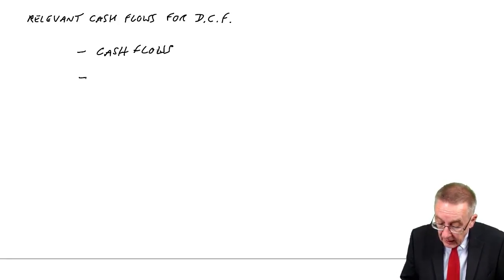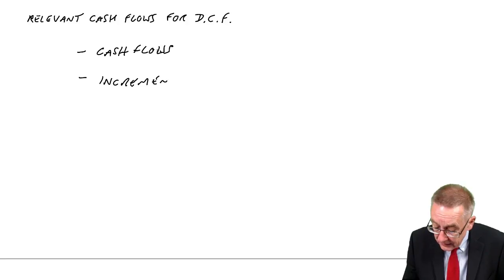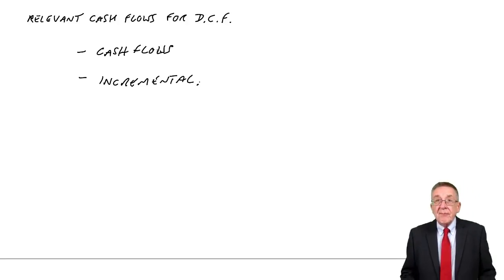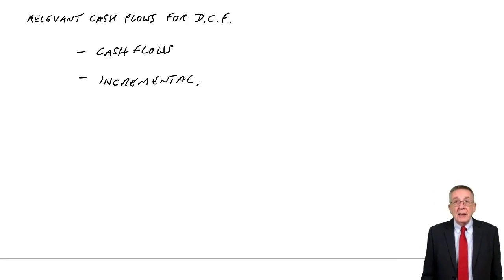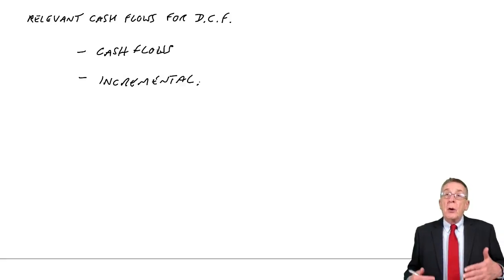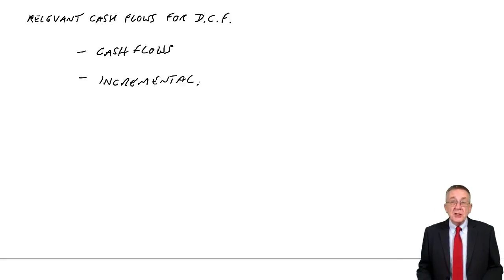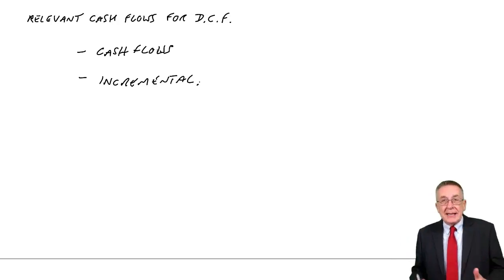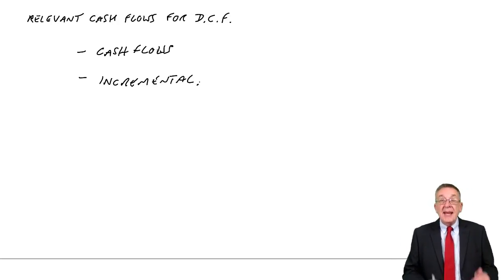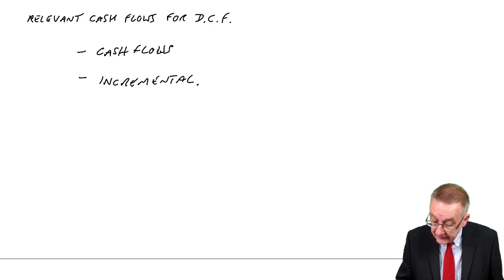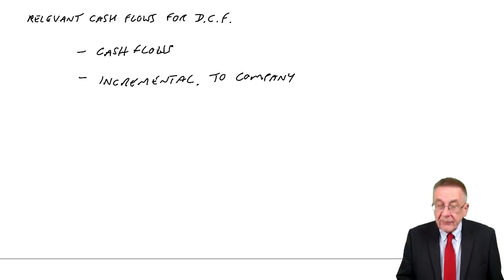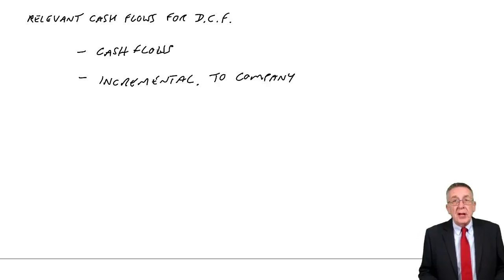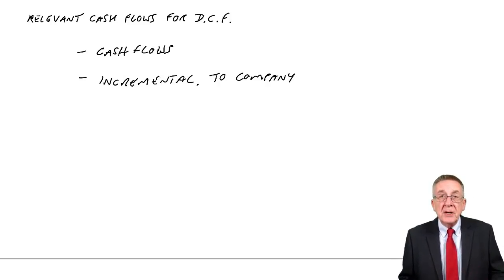It's the incremental cash flows. Incremental means extra. And so what we're after, if we're considering a new machine, is what extra cash flows will there be to the company. So it's not just the flows directly related to our new machine.